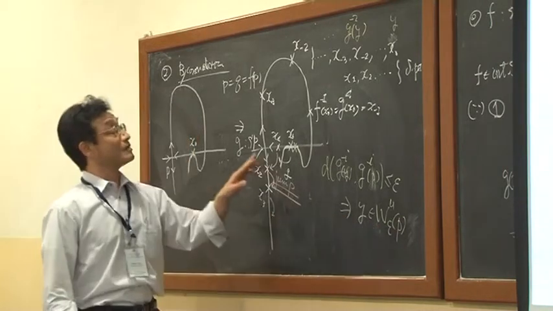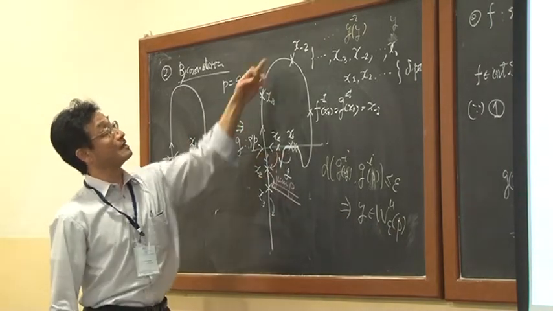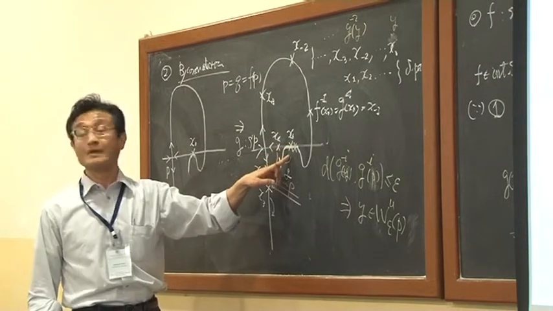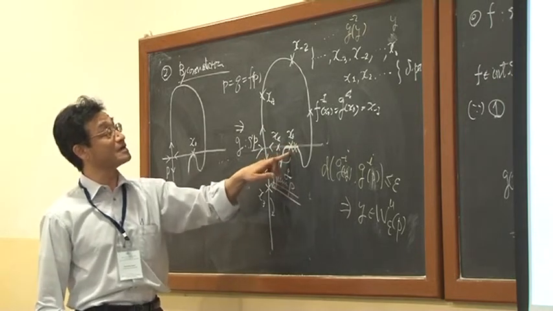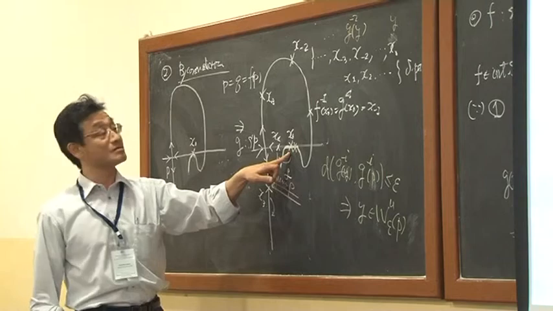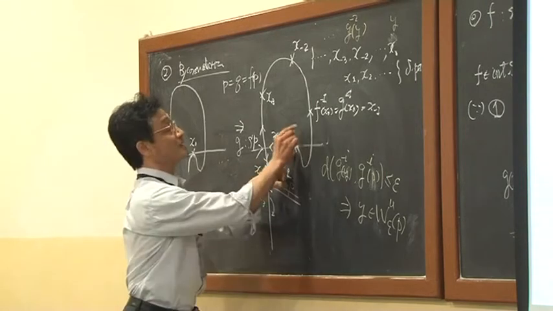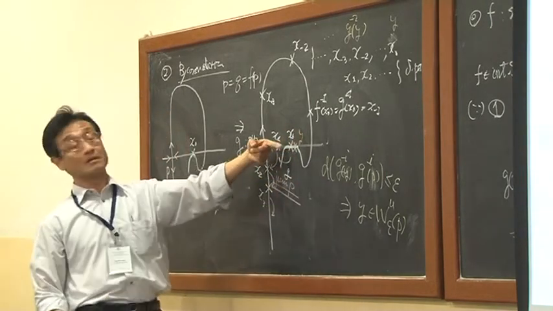And the point is very near x0, so y is in this front part.